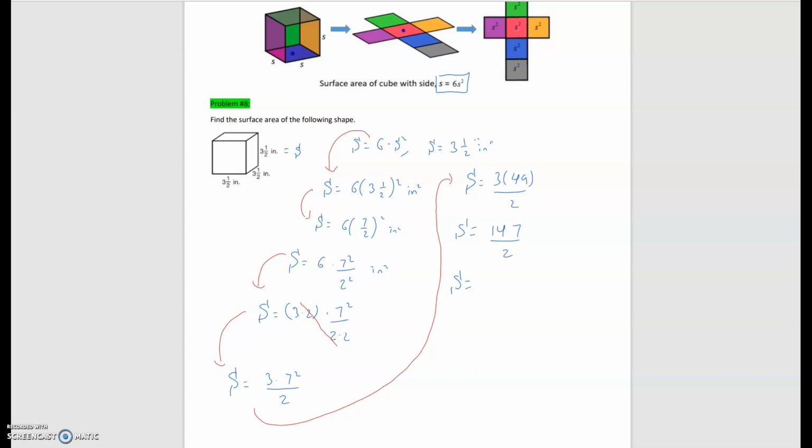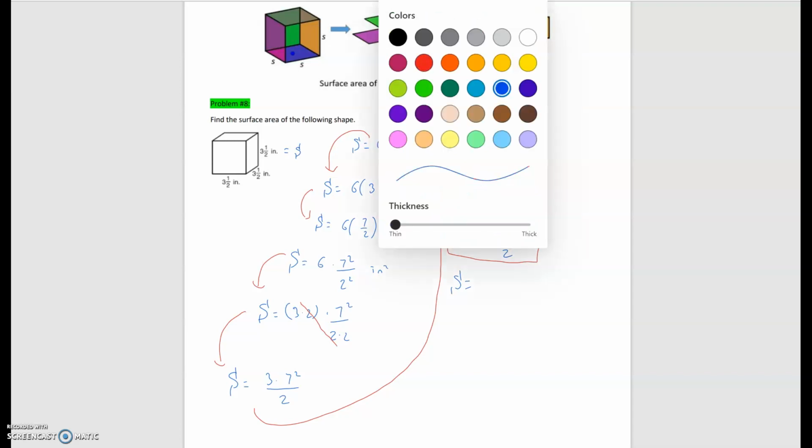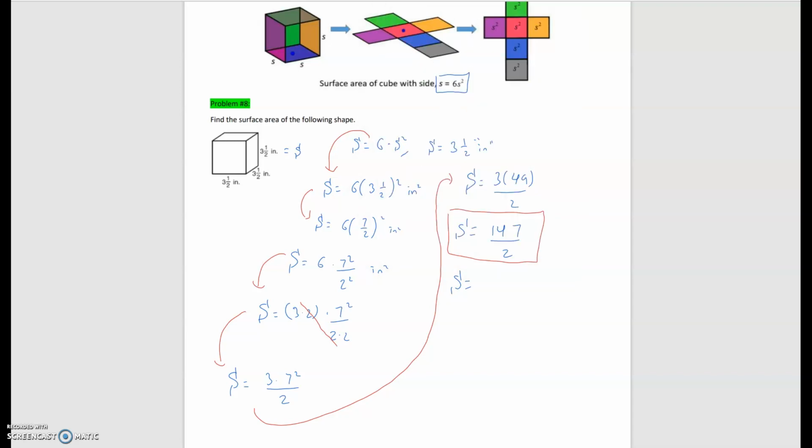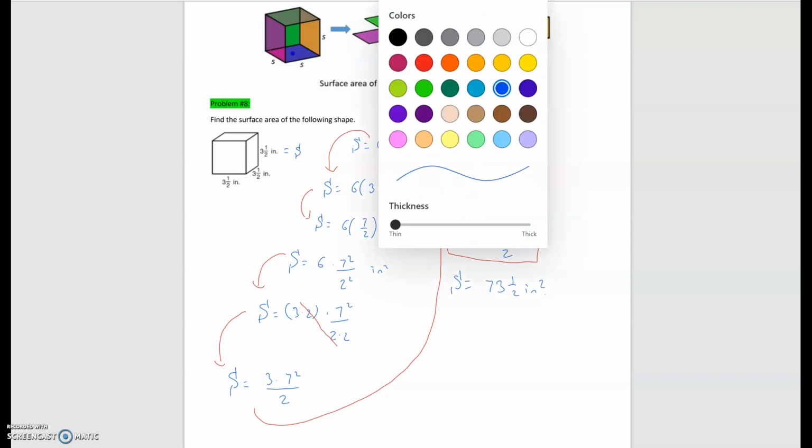So s is equal to, and let me box that answer and check it again. So 14 divided by 2 is 7, you carry the 1 out. And as we carry the division, this is going to be technically 73. So 73 and 1/2 inches squared.